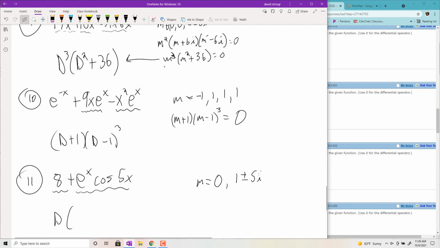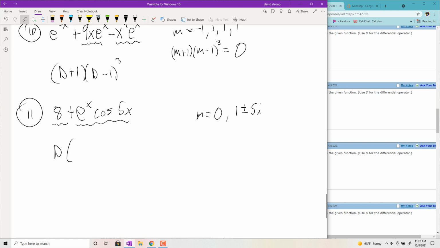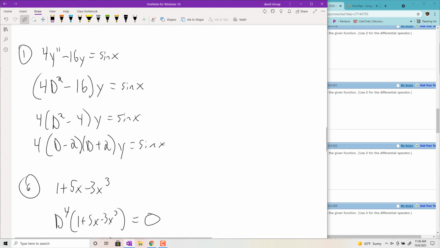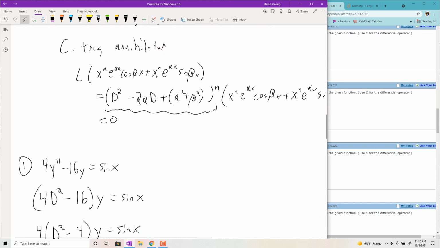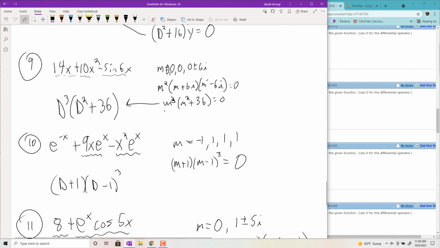But what I suggest is just recovering it, doing your multiplication. So you would normally have m times m minus 1 plus 5i, and then m minus 1 minus 5i, and then just FOIL that out, and it'll give you the annihilator that you would have gotten through memorizing d squared minus 2 alpha d, which you may want to memorize instead. I don't know.